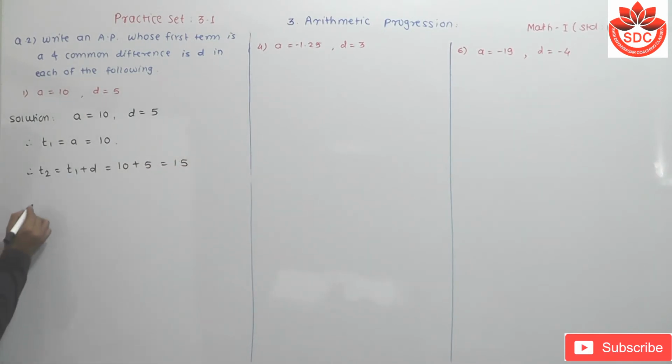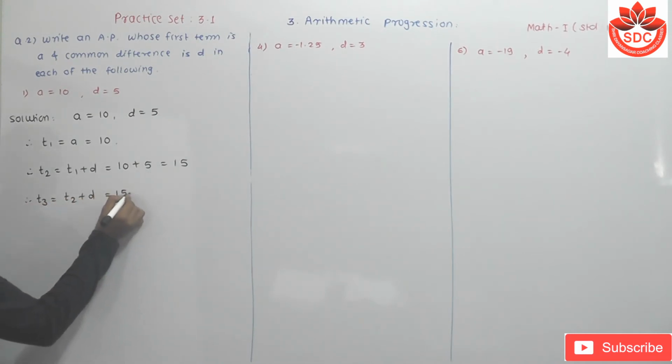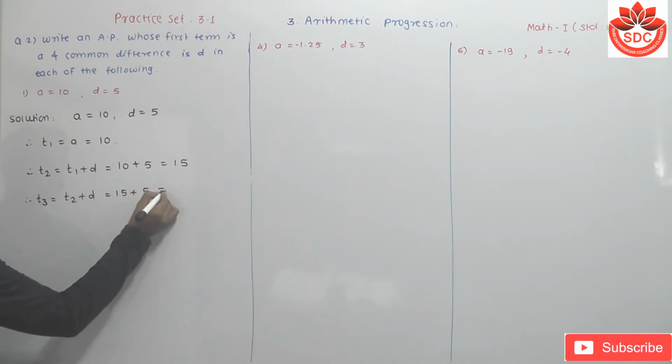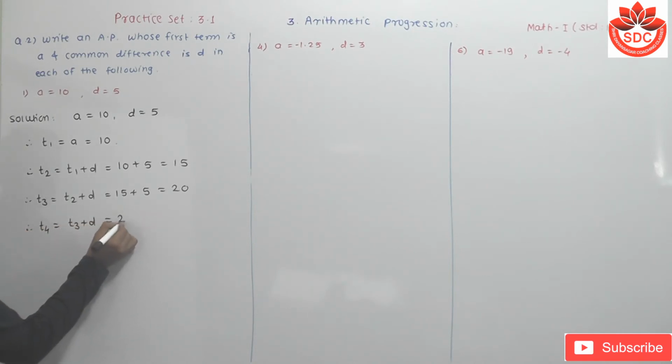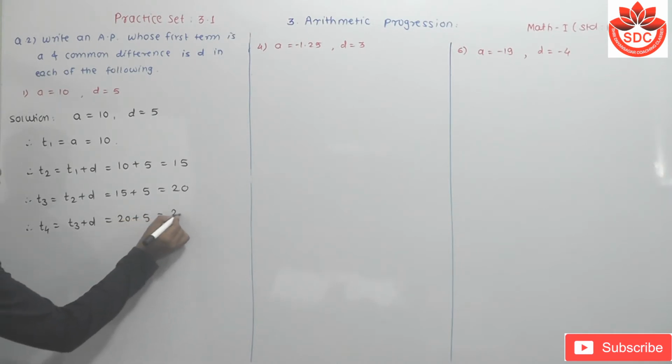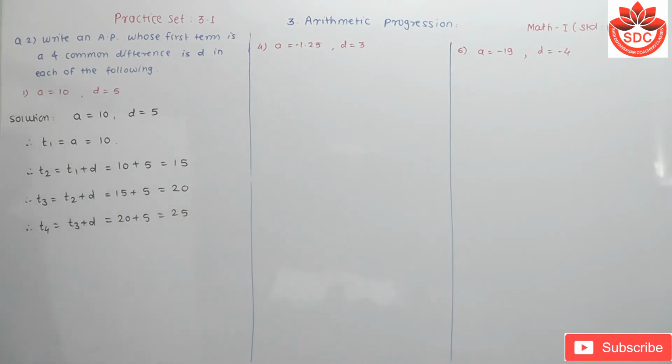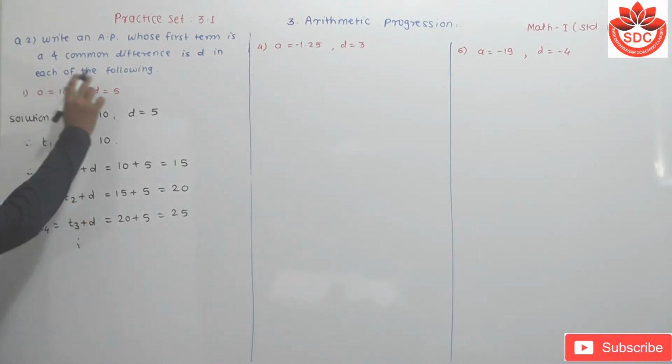That is 15. Then next, T3 is equal to T2 plus D, T2 is 15 plus D is 5, equal to 20. Then we find the next term. T4 is equal to T3 plus D, which is 20 plus 5, equal to 25, and so on. Therefore, we have to find the required AP.